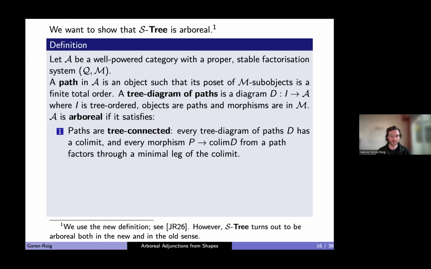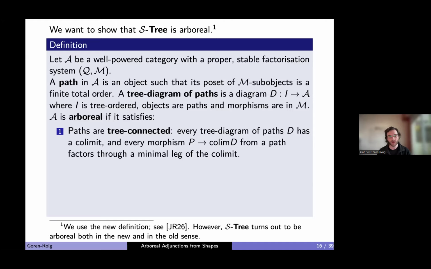This is a tree-shaped diagram in our arboreal category of objects that should somehow be trees in some sense. That might get confusing, but it's just a diagram in our category. We require the index category to be tree shaped, we require the objects to be paths, and we require the morphisms in the diagram to be embeddings. So that's a tree diagram of paths.